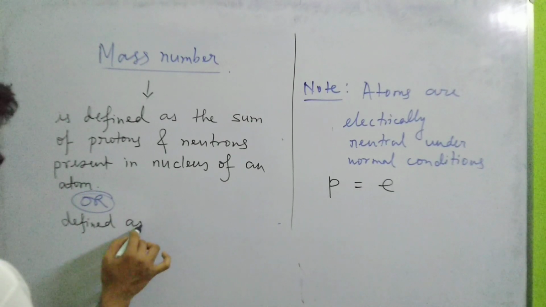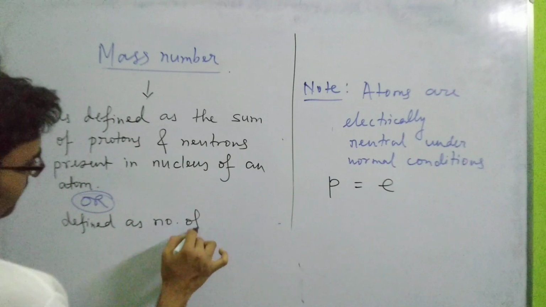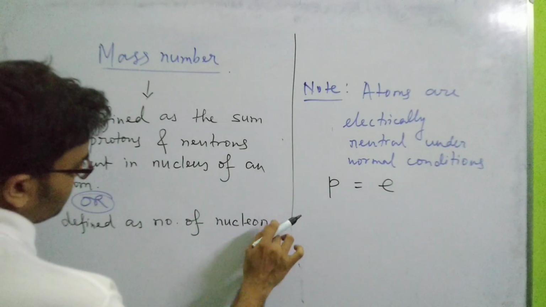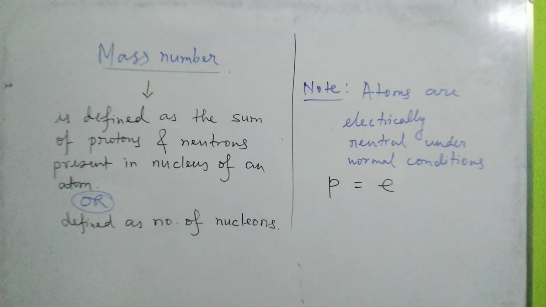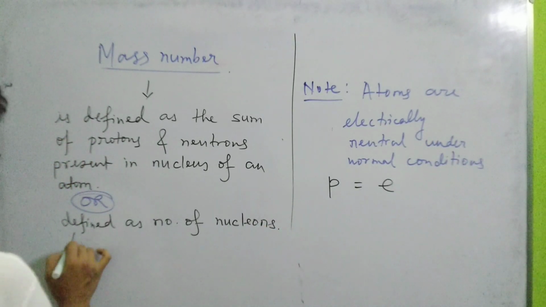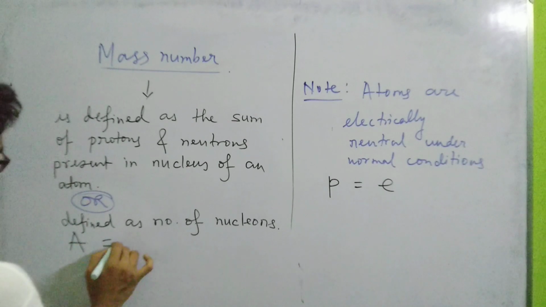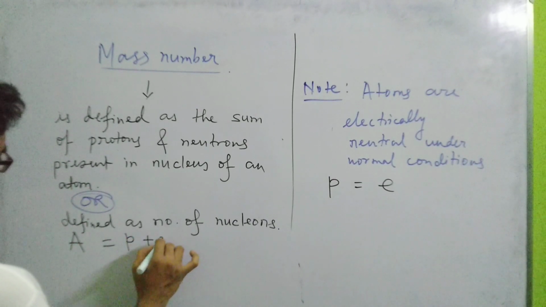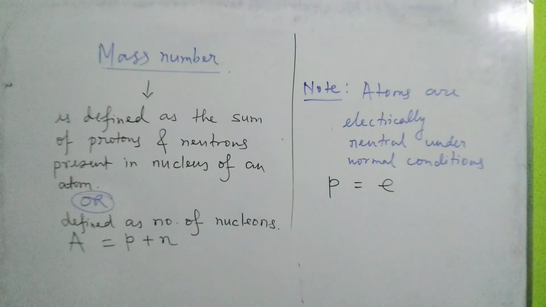Clear? Number of nucleons. Now generally mass number is denoted by the letter A. So mass number A is equal to the sum of protons and neutrons, P plus N. So this is clear, mass number.